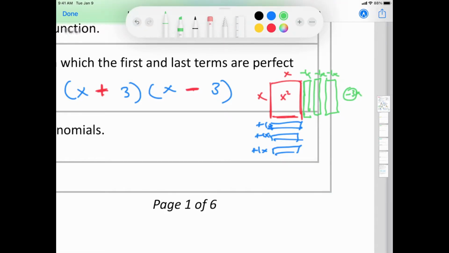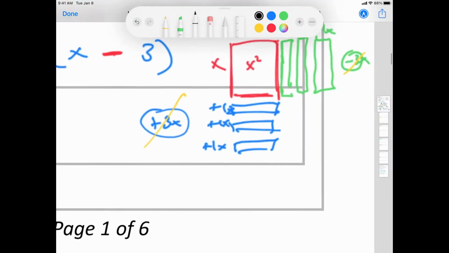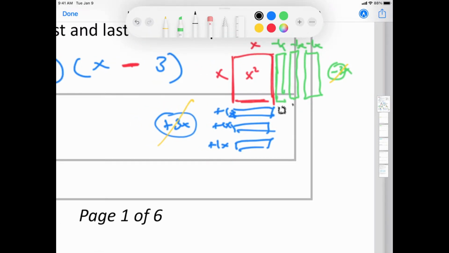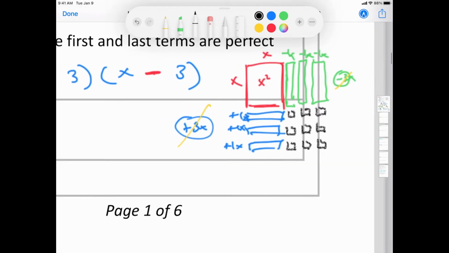This is negative 3x, so a positive 3x and a negative 3x will cancel, so that's gone. And basically what we're doing is finding out this is like a square. I don't know if that makes sense. But this is the conceptual of factoring. You'll notice it's kind of like the outside of the box, x plus 3, x minus 3. No, those are supposed to be just positive 1s. And everything's disappearing, but hopefully you get the idea.